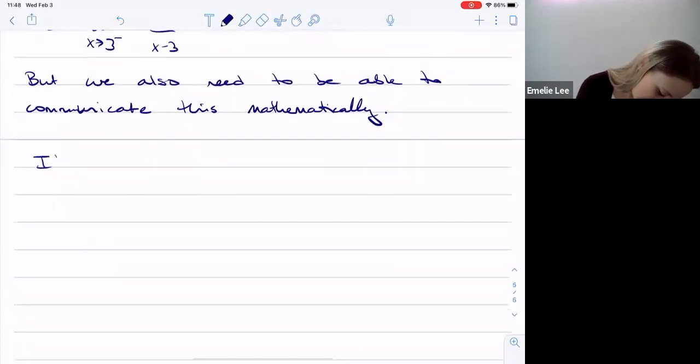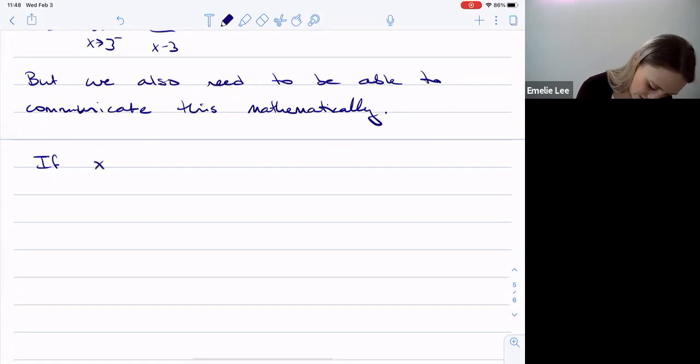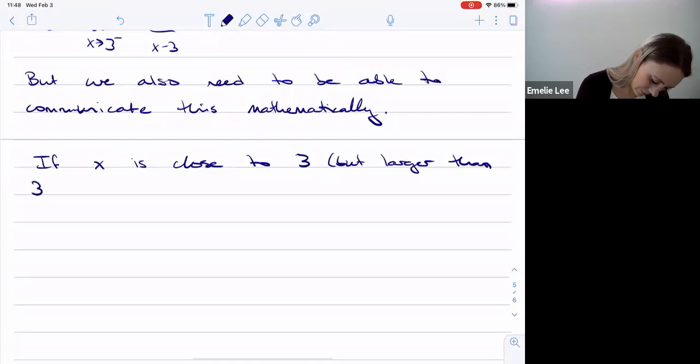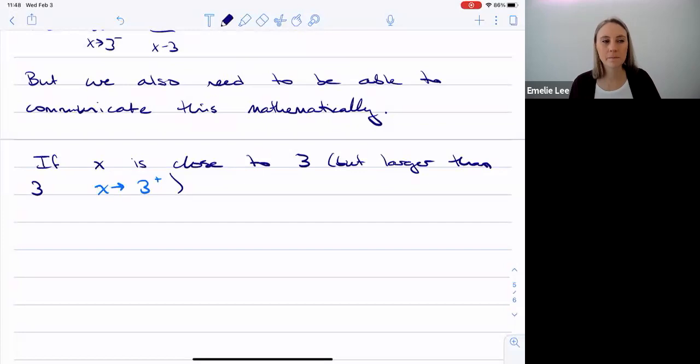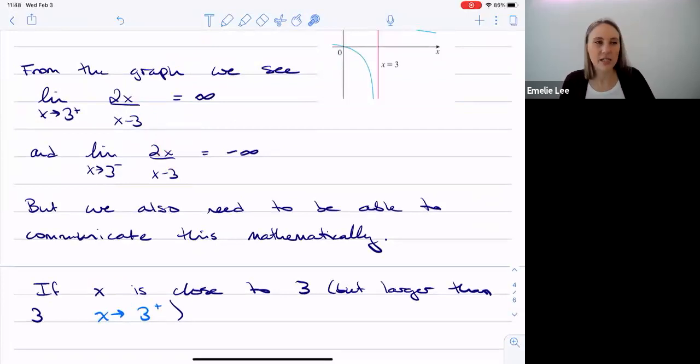If x is close to 3 but larger than 3, so as x is approaching 3 from the right, then if we look at this function, and of course we're talking about the same function in either case, 2 times something close to 3 is roughly 6, and that's going to be positive.